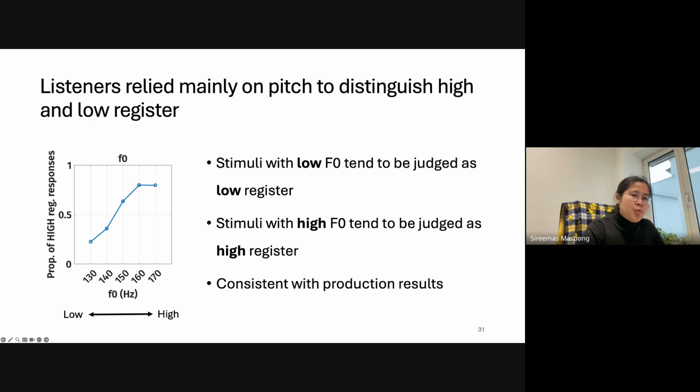And in terms of response, why we didn't get, let's say, 1, which means that all participants answer as high register, or 0, which means all participants answer as low register. Part of it, I think, is because some participants actually didn't do well with the task. It's unfortunate. But maybe it's not because participants didn't do well with the task, but maybe the manipulation that we did didn't sound natural enough to them for them to be able to distinguish clearly.